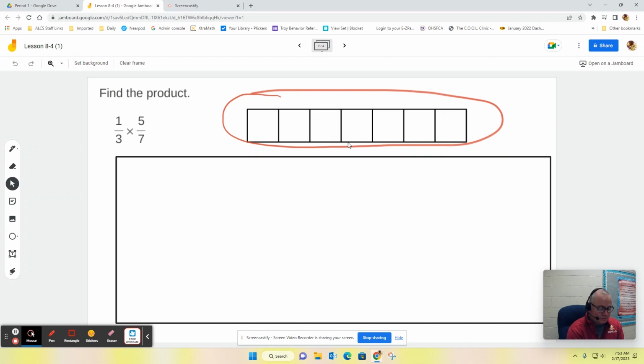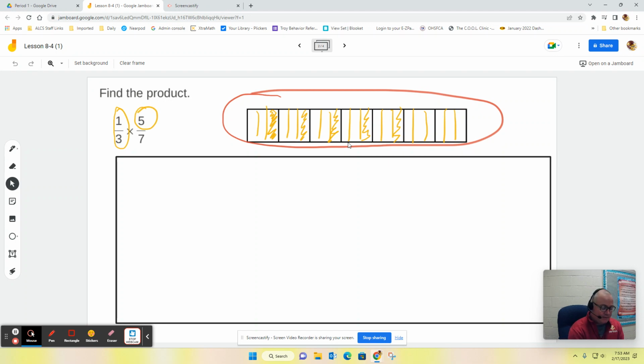What I want to do is break each of those 7 pieces into thirds. 1, 2, 3, for each piece. And I want to color in one of those thirds in 5 of those pieces.